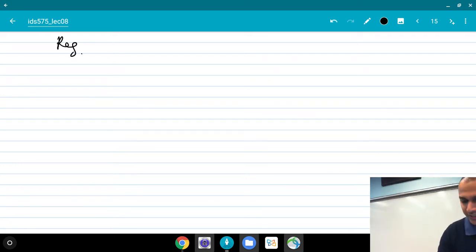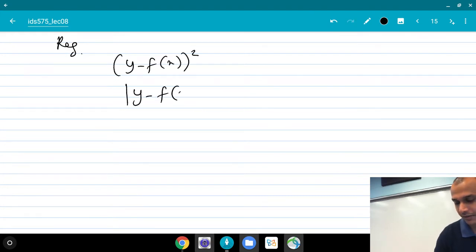Yeah, for regression, you can use many different loss functions. Let's say it's y minus f of x the whole square, or the absolute value of y minus f of x, where y is a scalar. Or you can have a combination of these two.